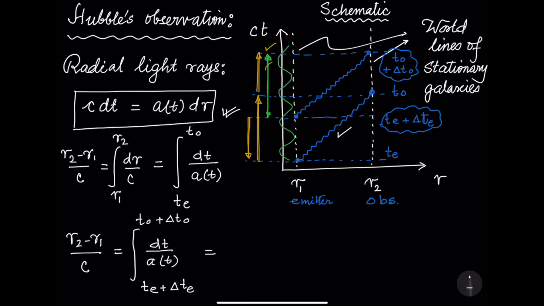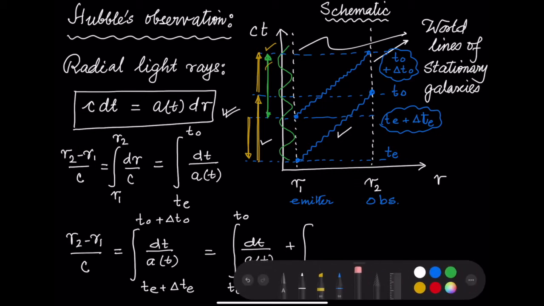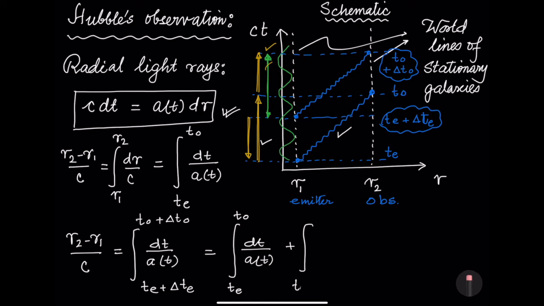So which means I can write this integral as, the first one is T emitted to T observed, dt by A(t). The second one is T observed to T observed plus delta T observed, and obviously the integrand is the same and so is the measure.